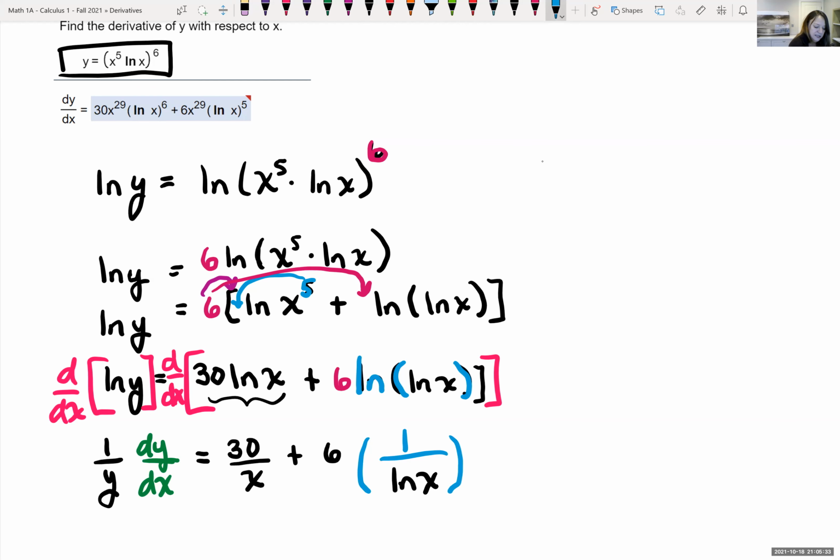The derivative of the inside, this ln of x, well, the derivative of ln of x is 1 over x times the derivative of x, which is 1, so I don't have to write that.